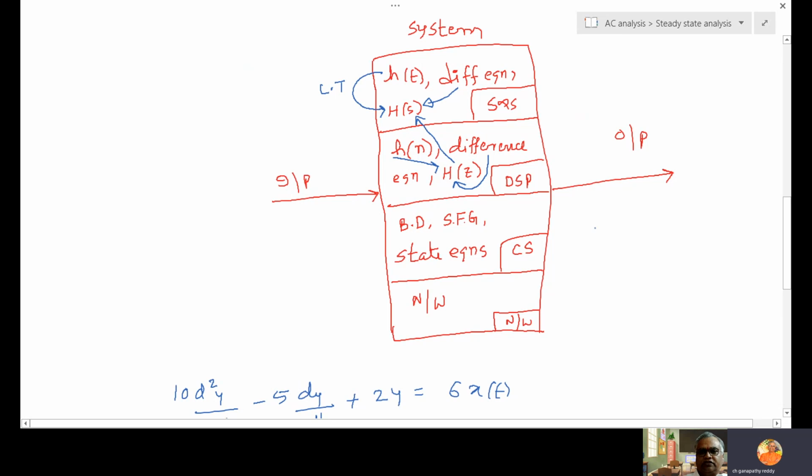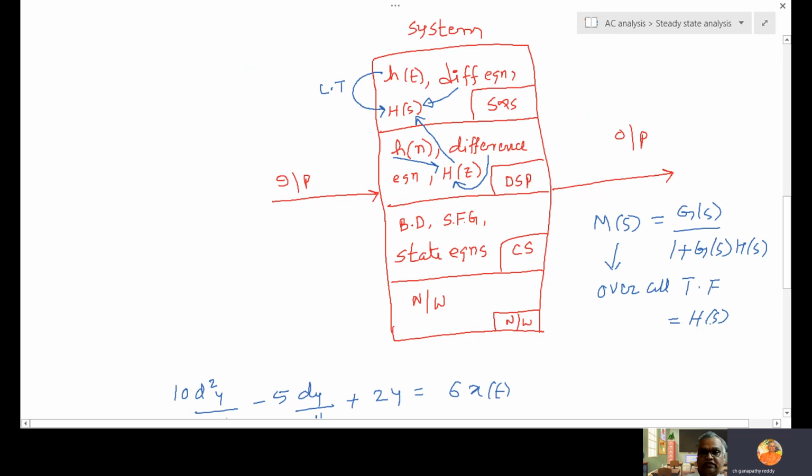The transfer function is actually M of s, right? M of s equals G of s by 1 plus G of s H of s. This M of s is nothing but the overall transfer function. The overall transfer function can be considered like H of s.